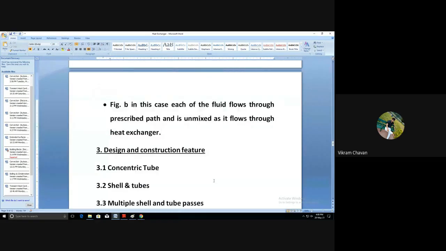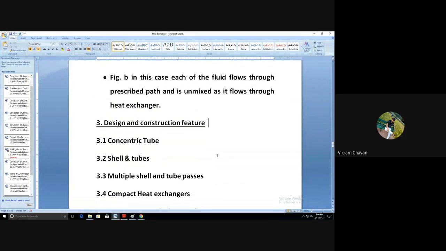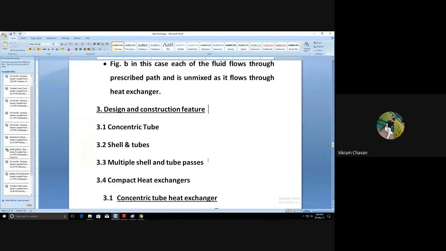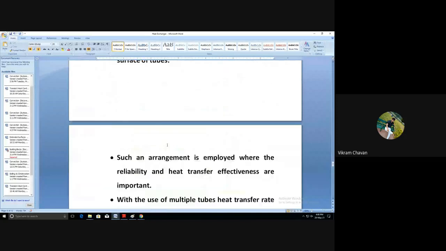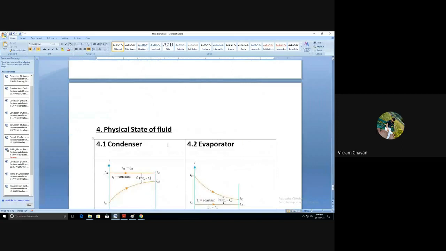Then the third category. So it is already 4 p.m., and I think Digvijay sir has conducted 1.5 hours, so I will consider that and not stretch this lecture more. The remaining parts are the classification according to design, construction and features, and the last one, according to the physical state of a fluid.